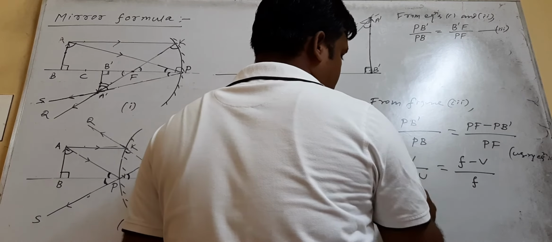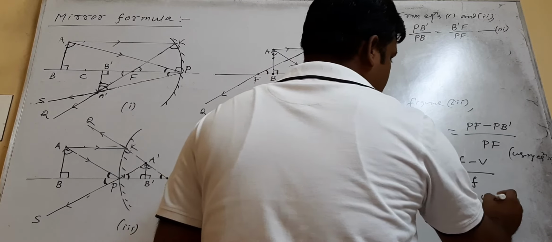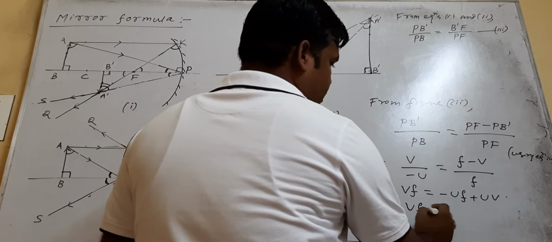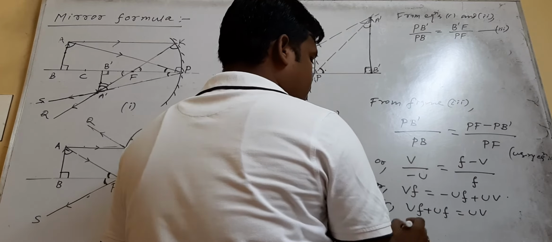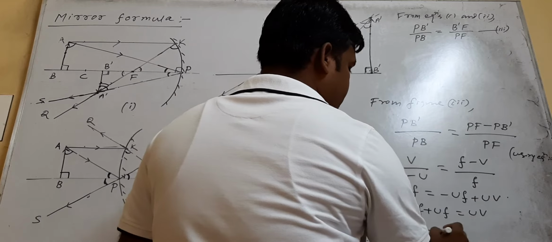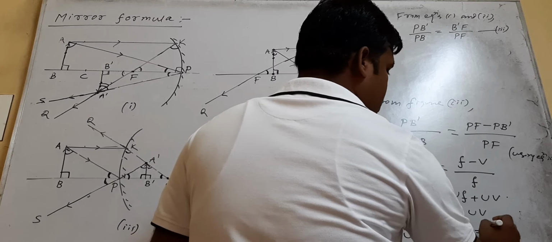Now cross multiply: VF minus UF plus UV, or VF plus UF is equal to UV. Now you divide by UVF on both sides.